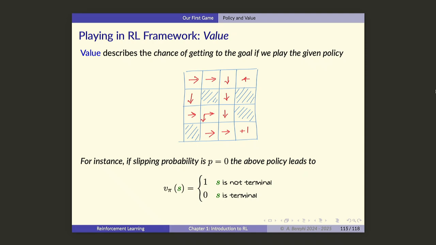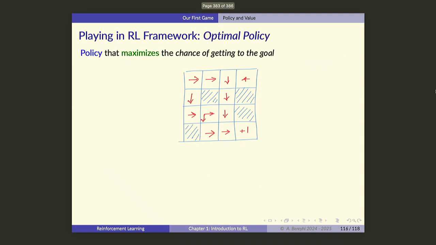Now, the policy that is going to maximize this value function is going to be your optimal policy. And obviously, this policy with no probability of slipping is going to be the optimal policy, because you're going to always win, and this is the best thing you can collect in this game. So if you have p equal to 0, this is going to be your optimal policy, right?